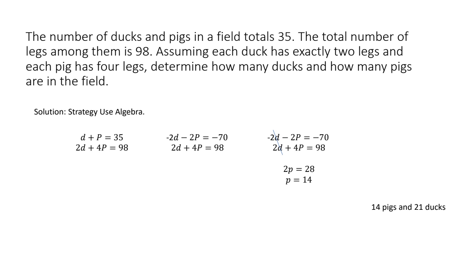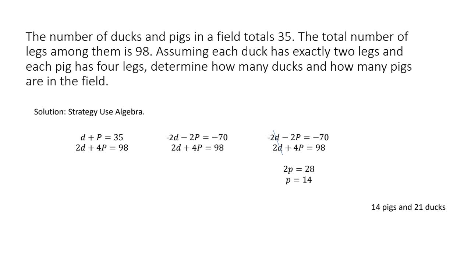So when I add these equations, -2 and +2 cancel the D. In algebra, you can only add like terms. So the ones that have the same letter have to be added with the same letter. So the D for the ducks cancel, and the P's, -2P plus 4P, will give you 2P, and -70 plus 98 is 28.